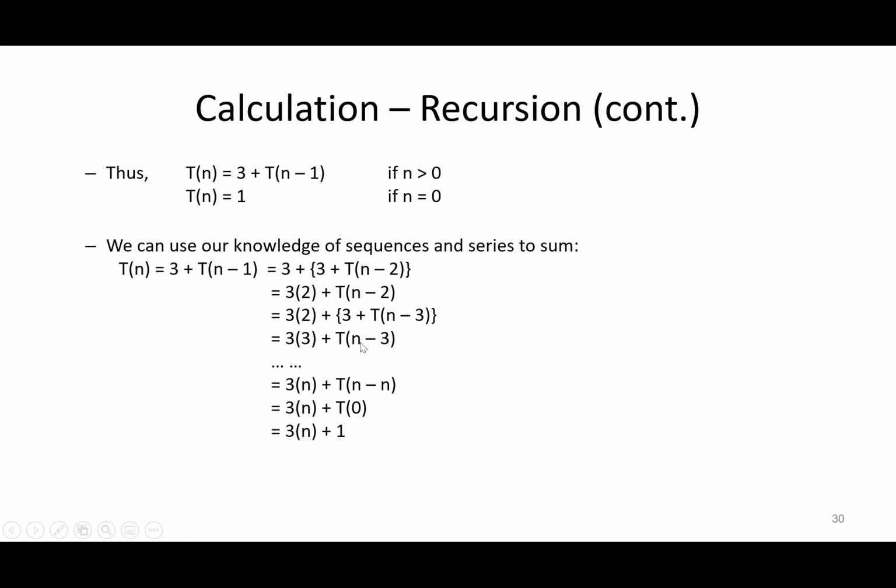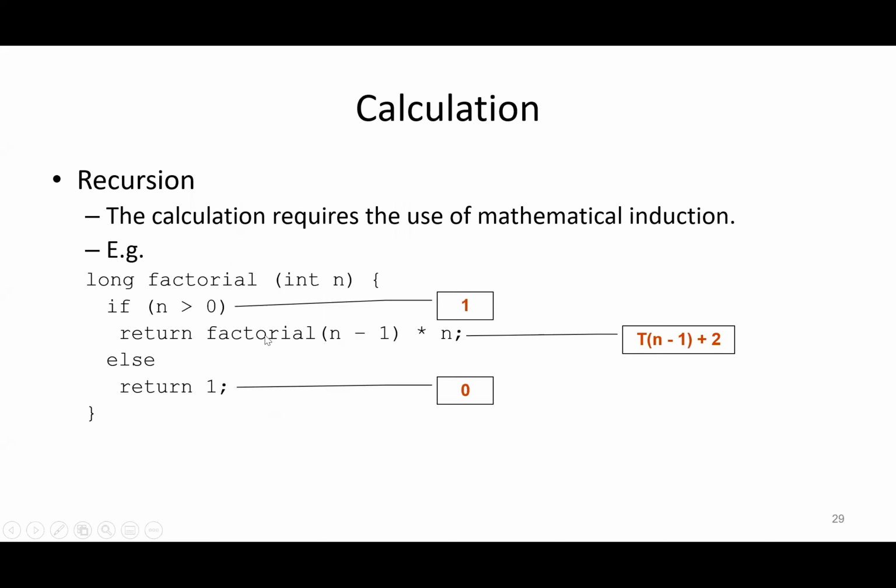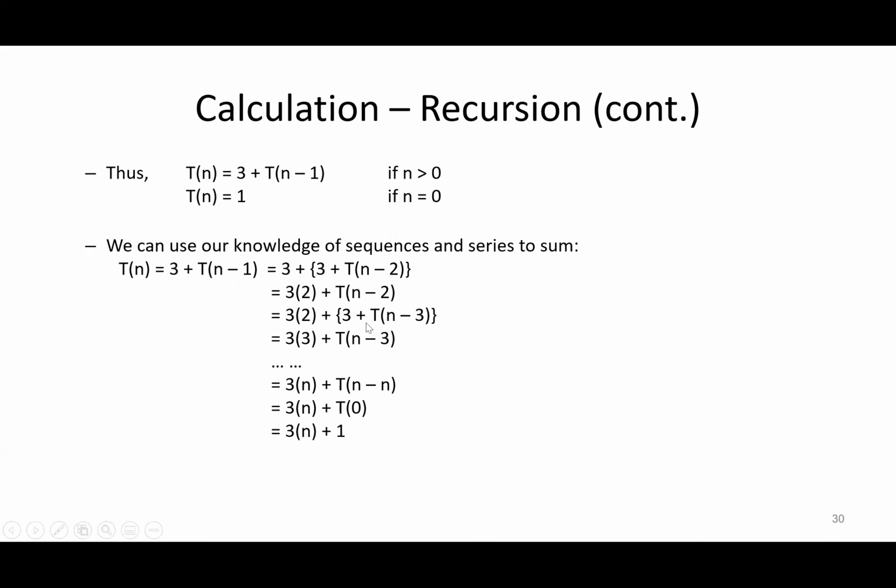Why do we keep n minus 2, n minus 3? Because remember, whenever you call the function again, you need to minus the n by 1. If not, you will have an infinite loop, because your n doesn't change in the recursive function. So we have to minus the n, and you just keep continuing until somehow you reach the base case where your n is 0. So from here, when you come to here, you have accumulated how many 3s? n.